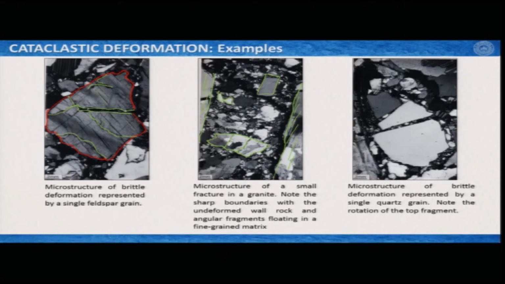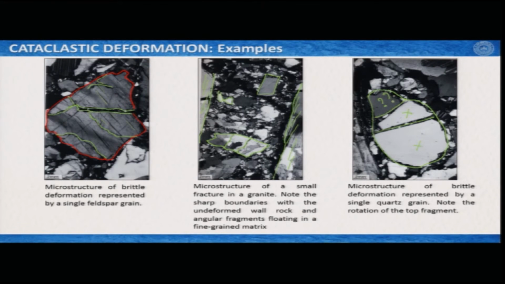Now, this is again a quartz grain, and I tell you it was probably a single crystal like this, and then it produced fractures here and here. So, this is also cataclastic deformation, and we see it in microscale. Now, the color here and here are very similar, but here it is a little different.